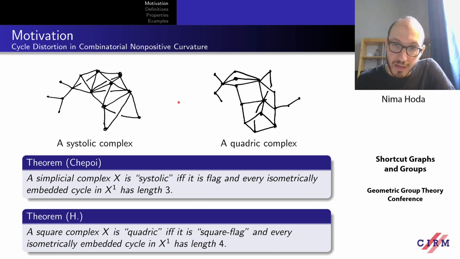Much the same as CAT(0) cube complexes have also appeared in those two fields. I won't give a definition, but here are two examples. I bring these classes of complexes up because of a pair of analogous theorems.